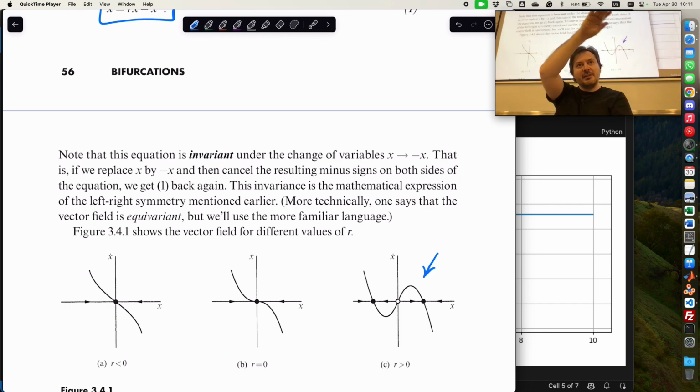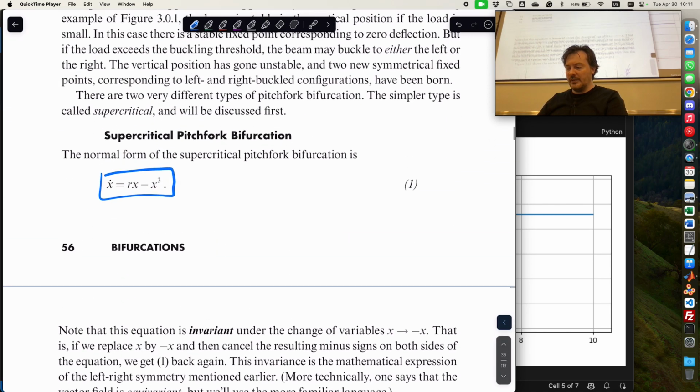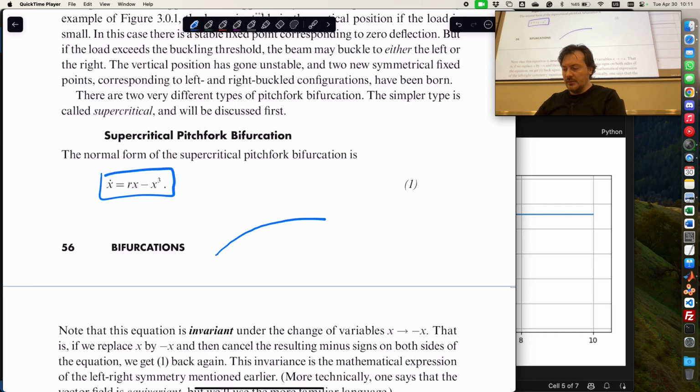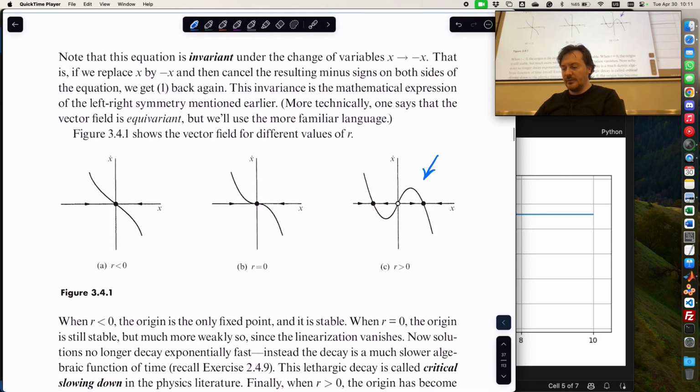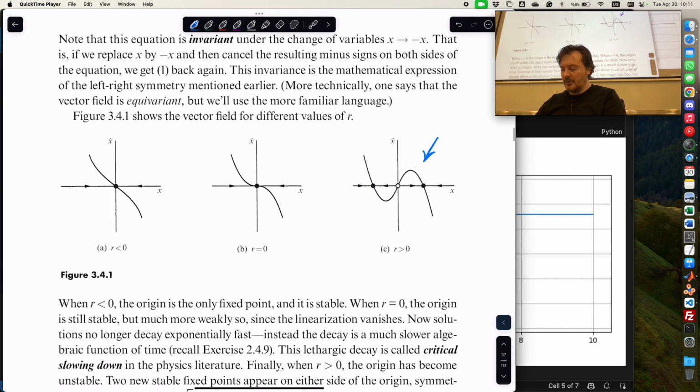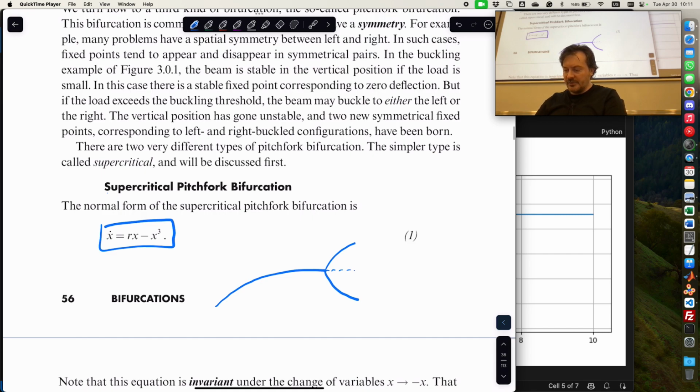We had this line, then the line bent, then passed, and then it became unstable and two stable points. This also looks very similar to what we see in the logistic map. A stable point turns into two stable points while the original point becomes unstable. That's also what's going on here, right? So what was the name for it? Supercritical pitchfork bifurcation. Pitchfork because it's like that.